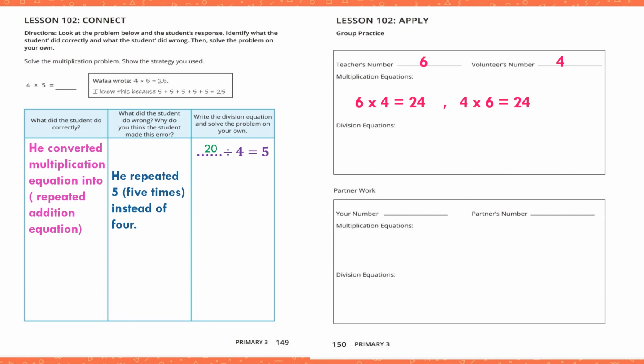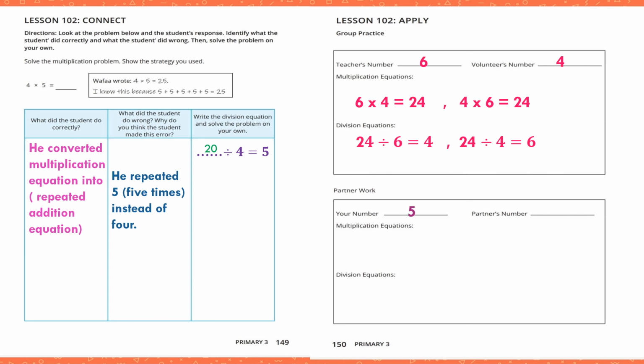And now, to get the division equations, we will say dividend, divisor, quotient. Dividend is the big number, which is 24. Divisor and quotient are the small numbers. So 24 divided by 6 equals 4, and 24 divided by 4 equals 6.